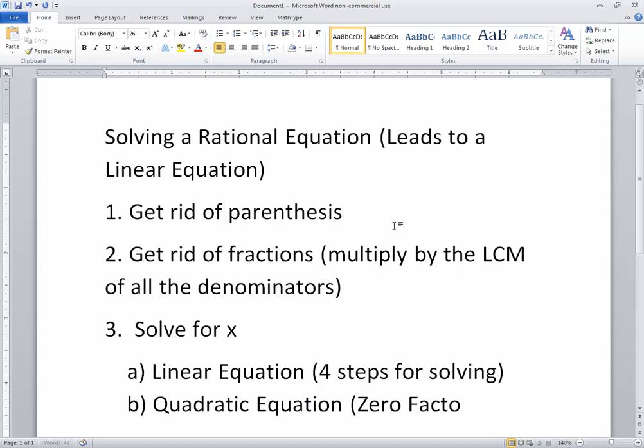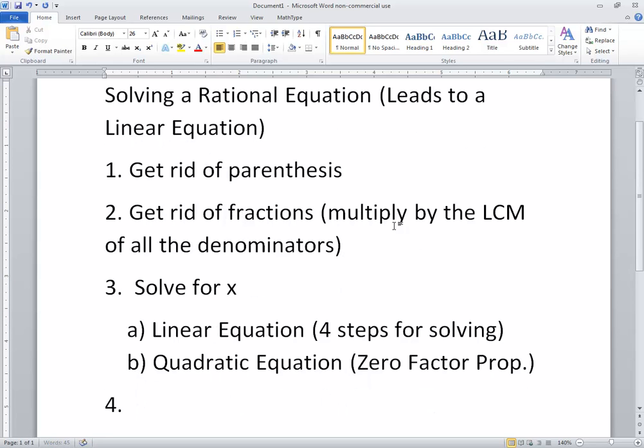And you'll use the zero factor property, zero factor principle, zero product principle. Lots of different names you'll see this called in books. And then step 4 is you're going to check your answer. You have to make sure it doesn't cause any denominator to equal 0.